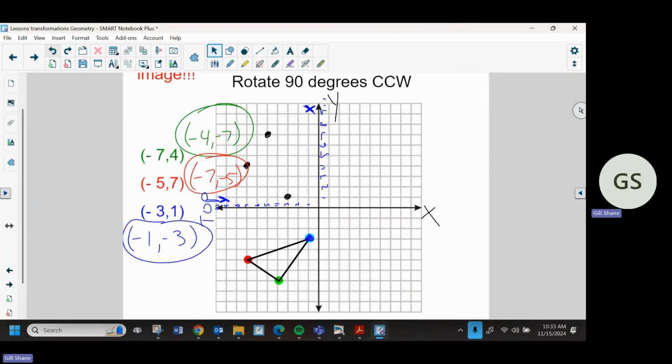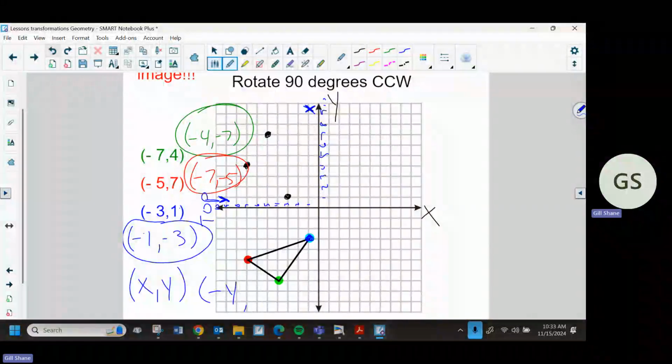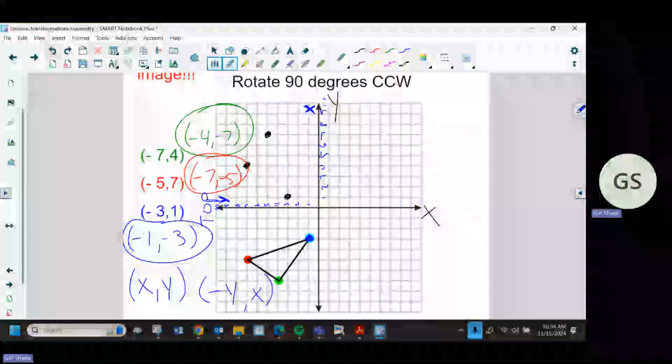So the rule would be: my original point, the Y moved to the front and flipped sign. The X just moved to the back, right? The X didn't flip signs. So we just write the X. So that's how, just like we did with the reflections, you can figure the rule out if it's a question about rules, not just do this rotation.